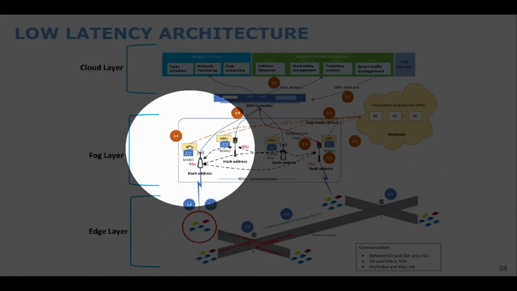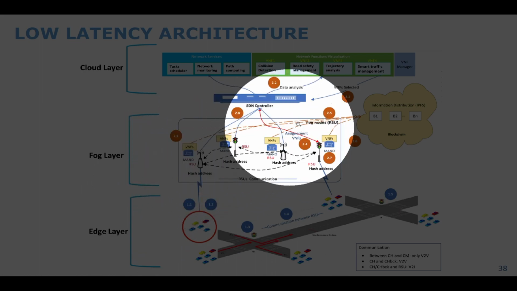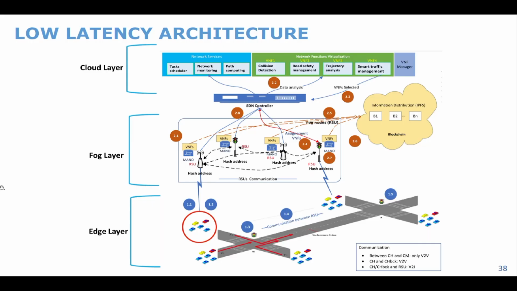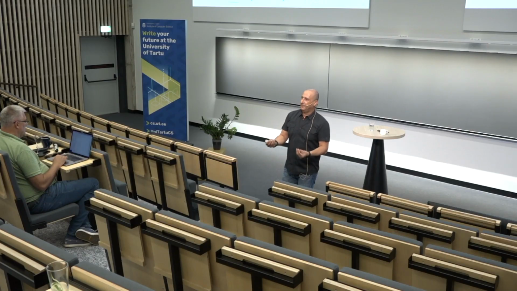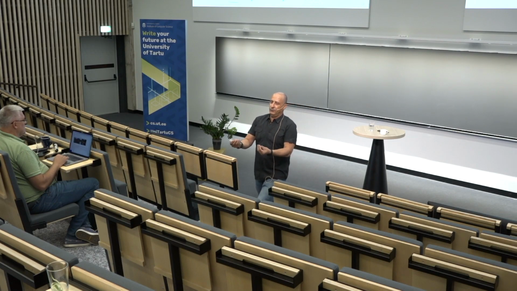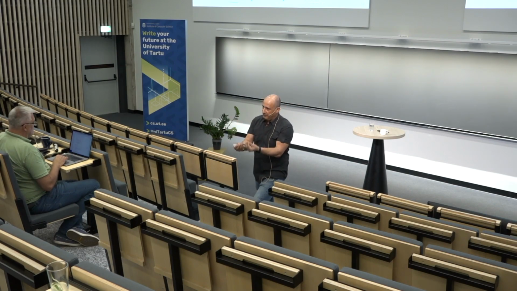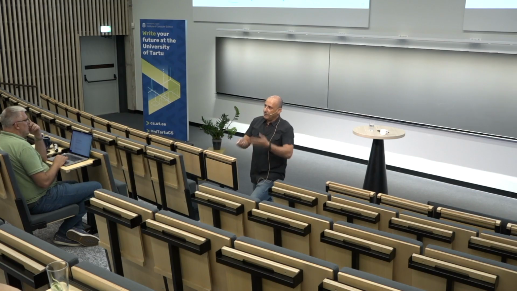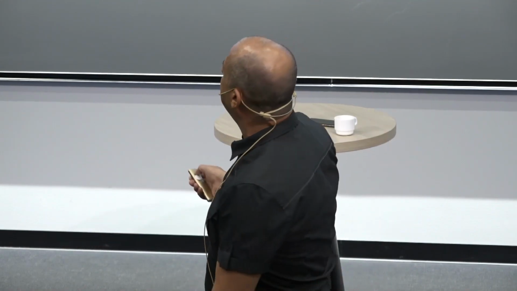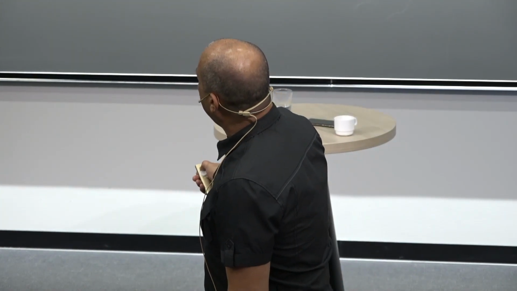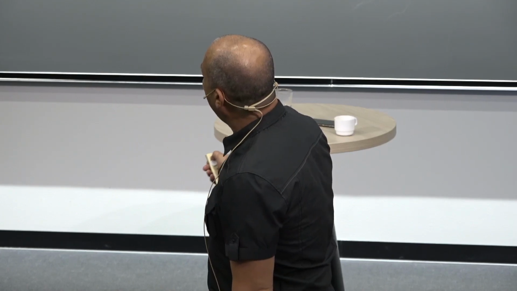Now, this nice fog comes into play. The goal is not only collecting information, we need to bring it together to get insights. So the god of knowledge is this SDN controller, this cloud layer. But this cloud layer is actually too far.